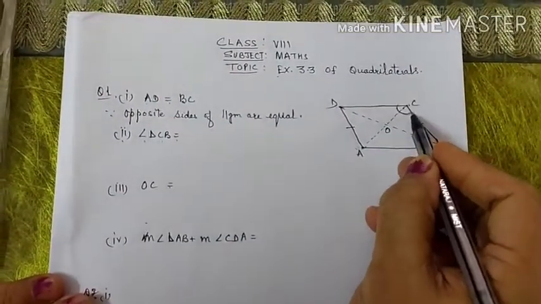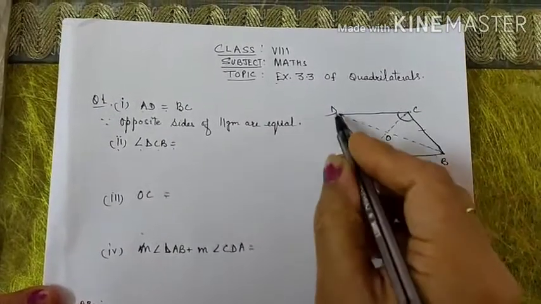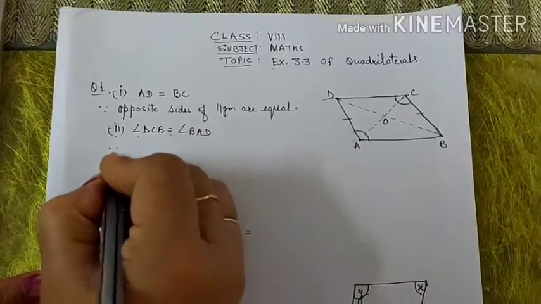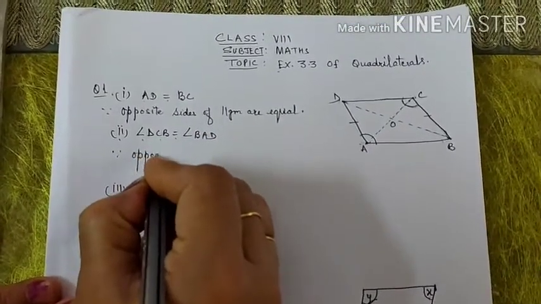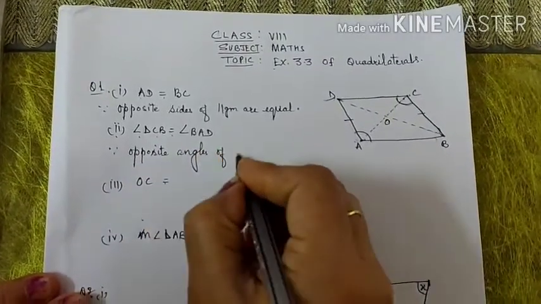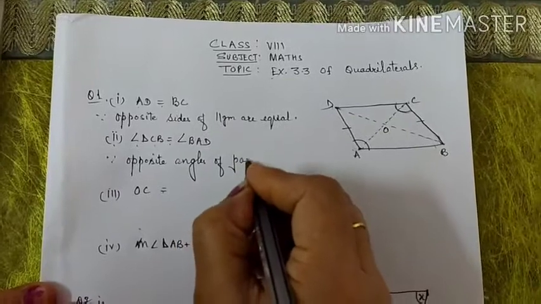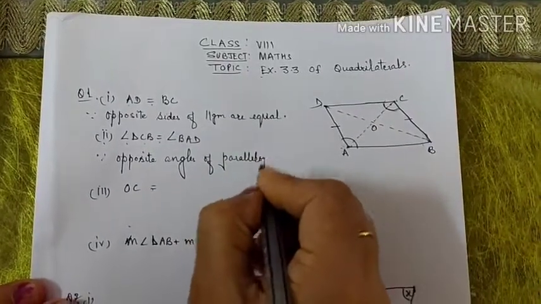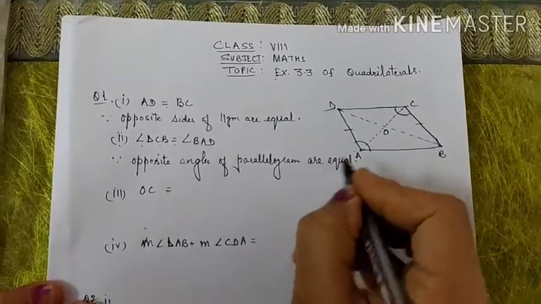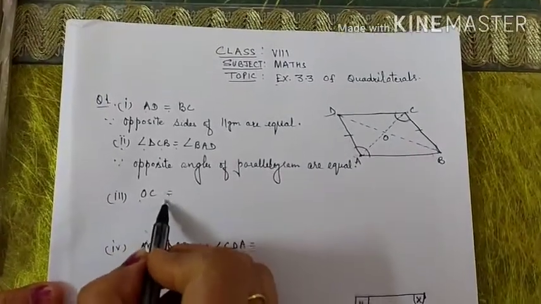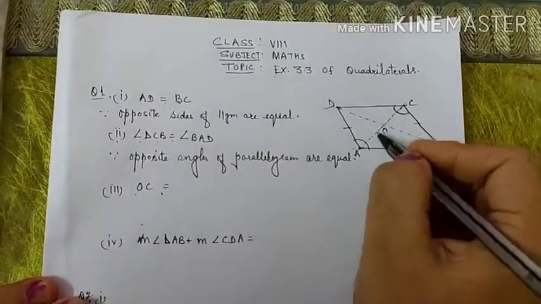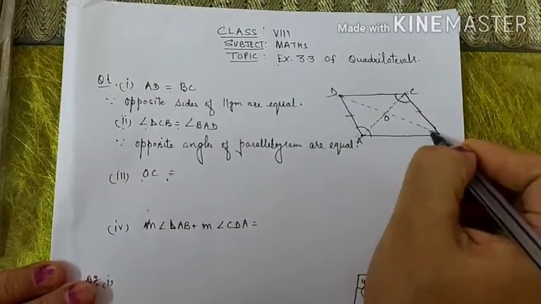So angle DCB is equal to angle BAD, because opposite angles of a parallelogram are equal. Now OC equals... OC is a part of a diagonal, and here we have two diagonals, AC and BD.